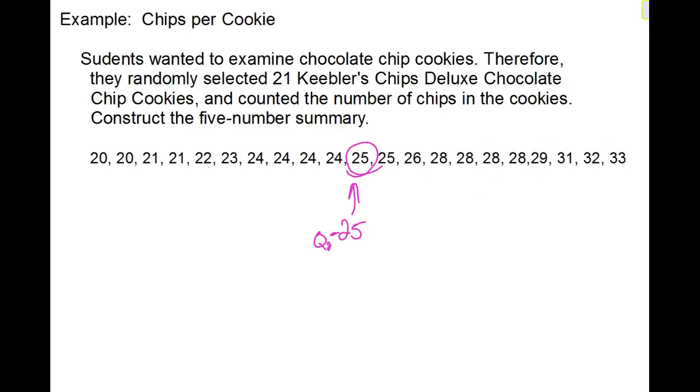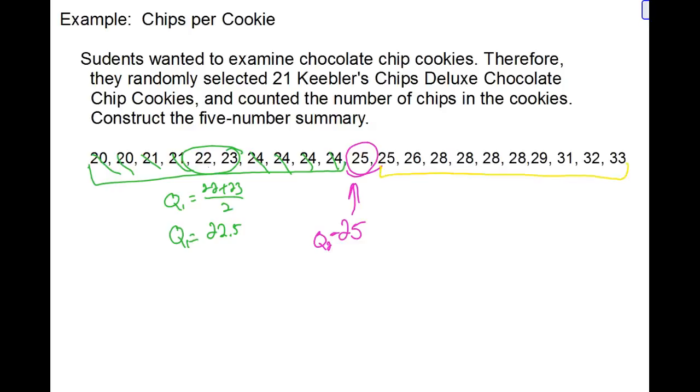Because remember that Q1, a couple of different ways I can find it, is the median of the lower half. And so I'm going to come down through here and find the median of my lower half. Well, it's the middle between these two. So Q1 is going to be 22 plus 23 divided by 2. So Q1 is equal to 22.5. I'm going to do the same thing with the upper half.